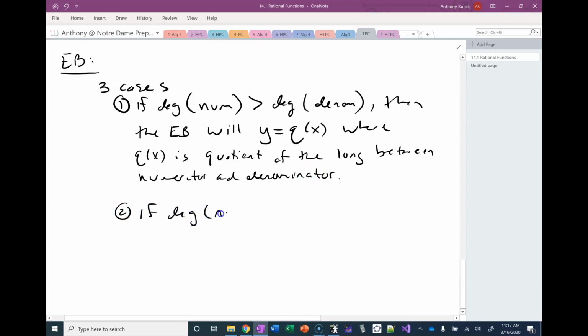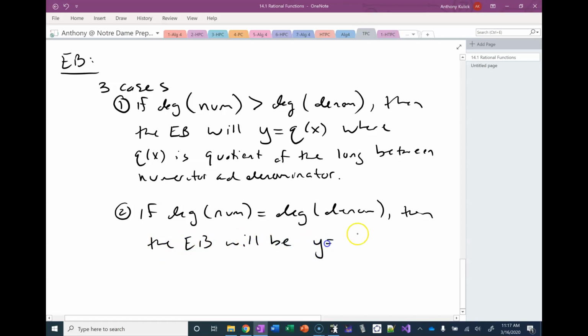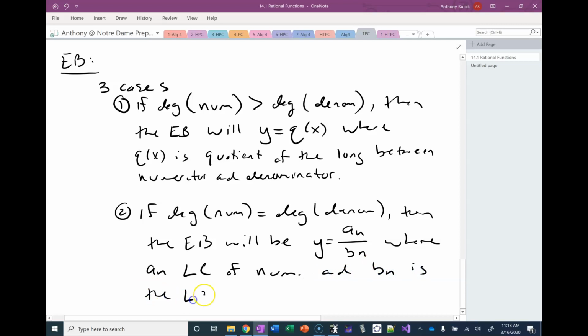If the degree of the numerator equals the degree of the denominator, then the end behavior will be y equals a sub n over b sub n, where a sub n is the leading coefficient, LC just stands for leading coefficient, of the numerator, and b sub n is the leading coefficient of the denominator.